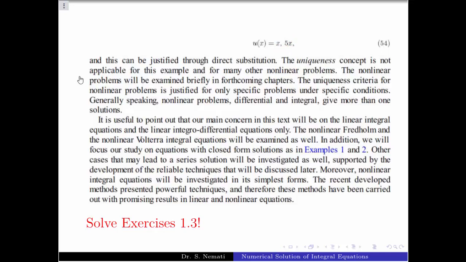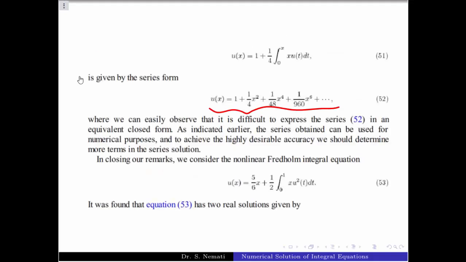Both of them satisfy this equation. If you replace u of x with x, and also if you replace u of x with 5 times x, both of these solutions satisfy this equation. So in this case, the solution of this integral equation is not unique.